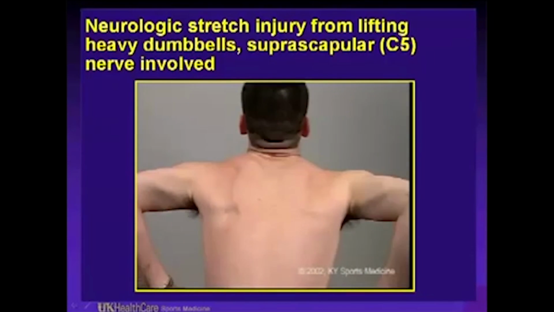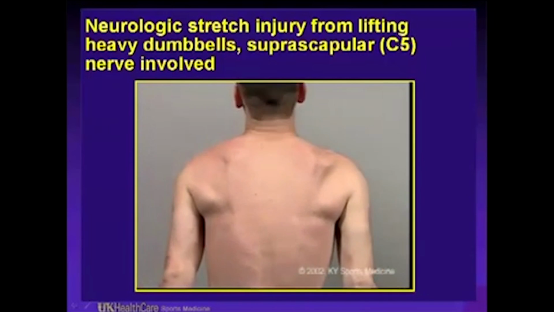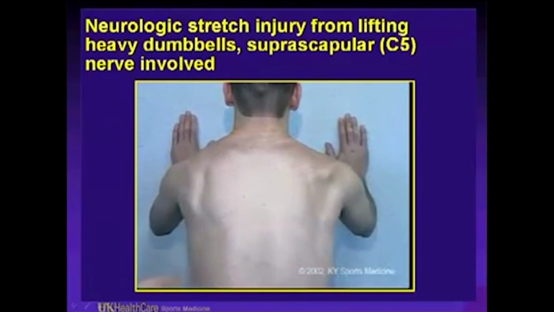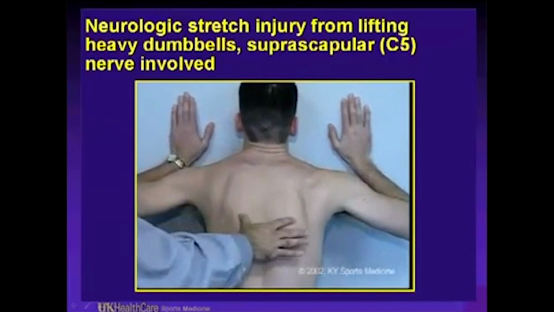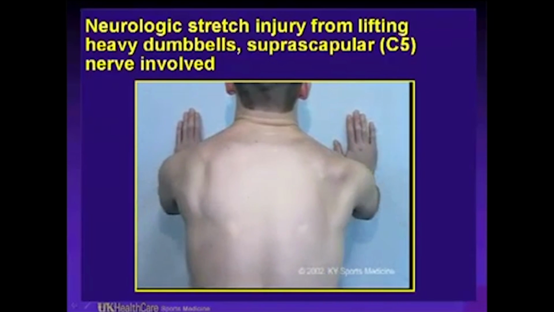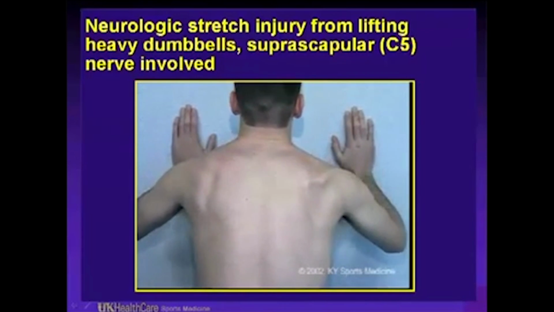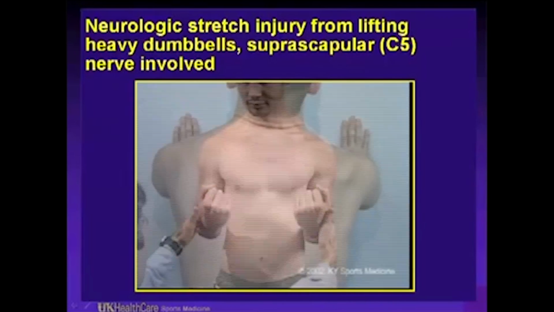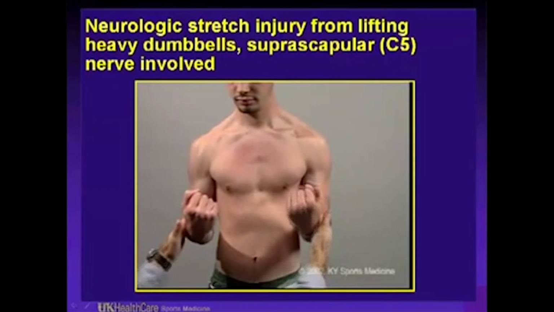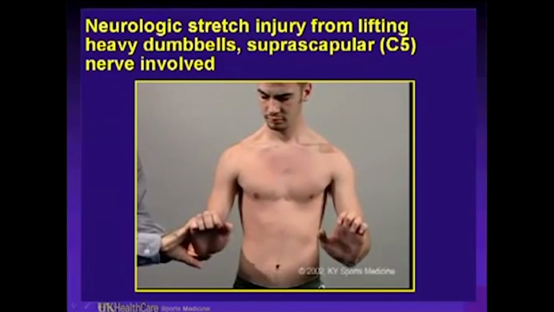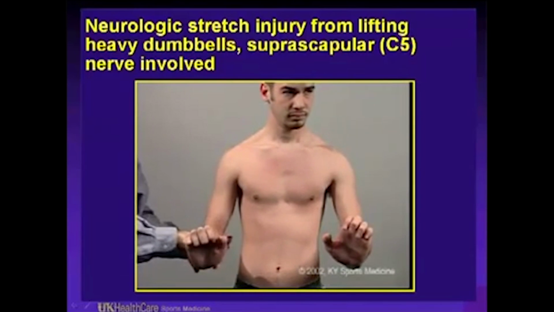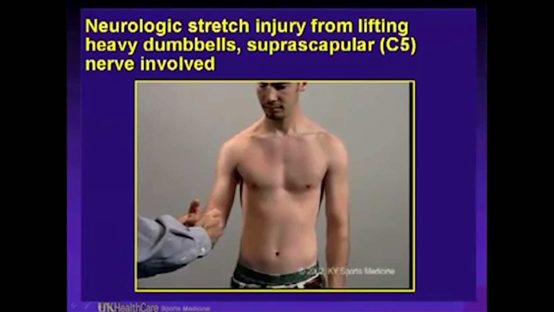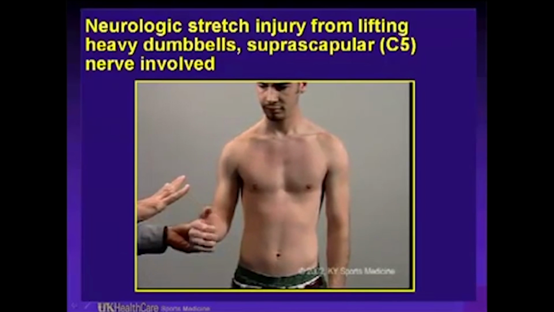Testing him neurologically from the front, doesn't look very happy, but he is neurologically intact, other than his C5 suprascapular nerve that was confirmed by an EMG, nerve conduction velocity, normal spine films, his cervical spine, as well as shoulder films. He improved with relative rest and avoiding a stretch type mechanism of heavy overhead weightlifting activities.